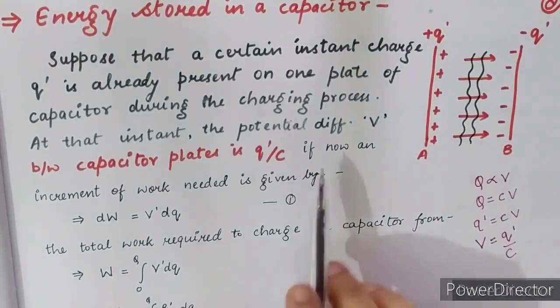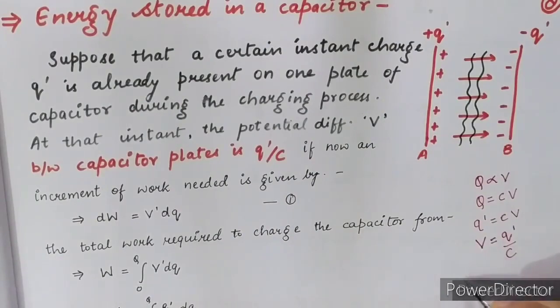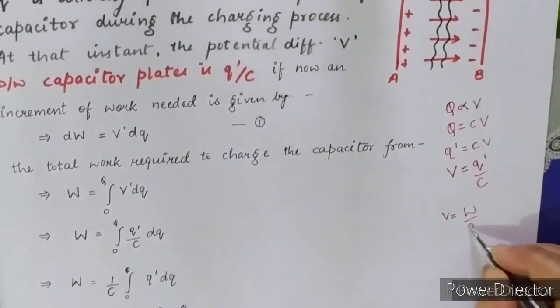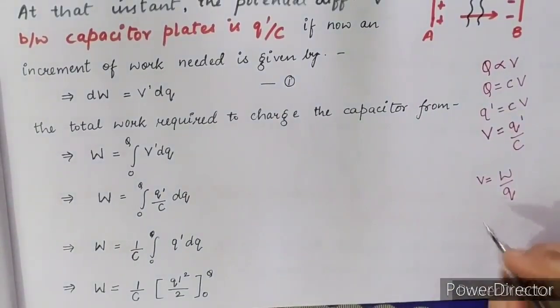Now an increment of work needed is given by, suppose a work has been increased. What was the formula of work done? From our third chapter, potential is equal to work upon charge, and work is equal to potential into charge.